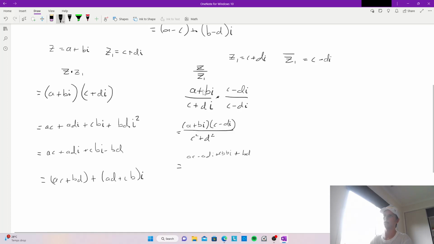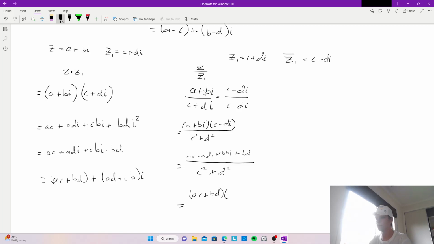And then you can combine your like terms, which will be your imaginary and real parts. So we'll have AC plus BD, and then you'll have BCi.